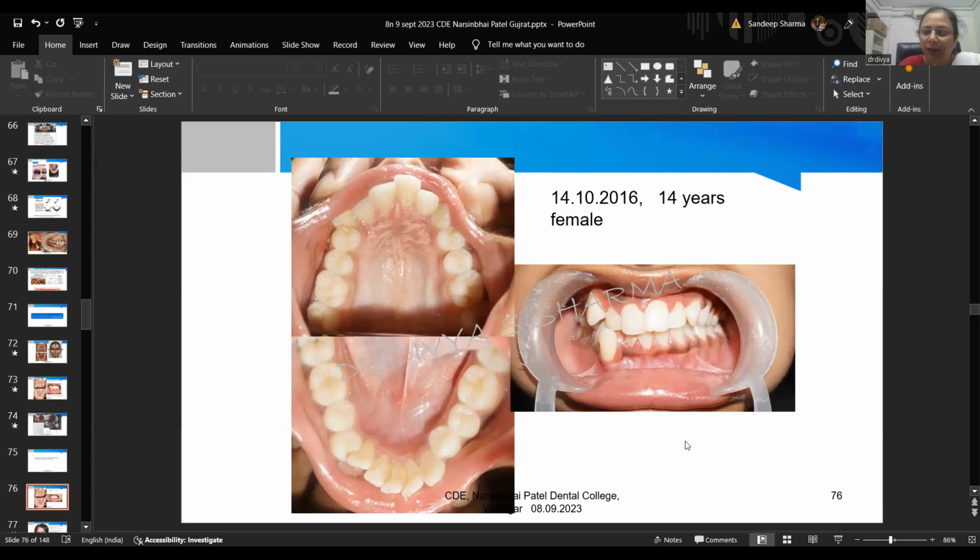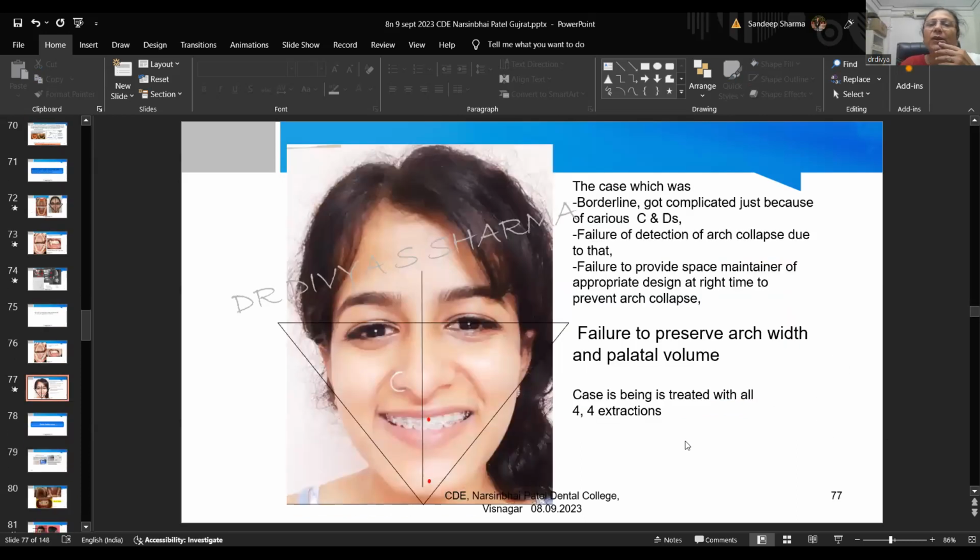What happens is this patient went to the orthodontist. This was a borderline case that got complicated just because of caries in C and D, failure of detection of the arch collapse due to that, and failure to provide a space maintainer of appropriate design at the right time to prevent arch collapse. There is also a failure to preserve arch width and palatal volume, and the case is currently being treated with 4-4 extraction by the orthodontist.